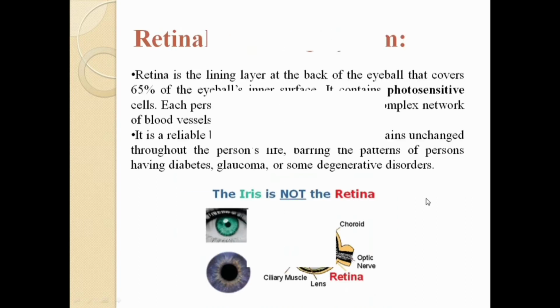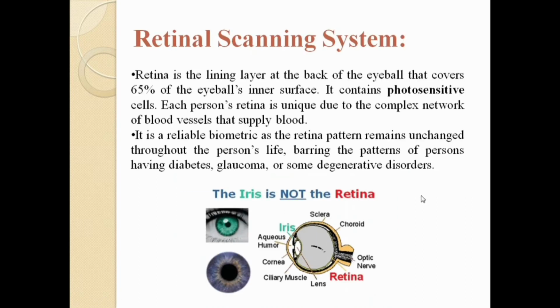And we have the retinal scanning system also. This is the second part of the iris and retina scan. The retina is the lining layer at the back of the eyeball that covers 65% of the eyeball's inner surface. It contains photosensitive cells. Each person's retina is unique due to the complex network of blood vessels that supply the blood.